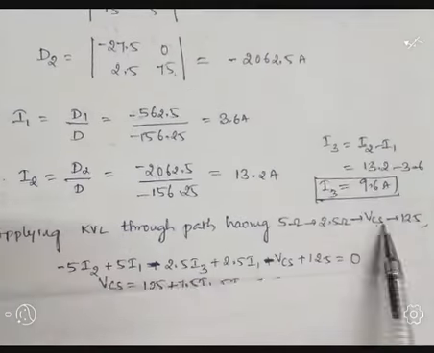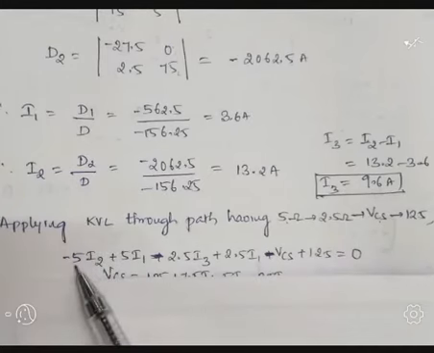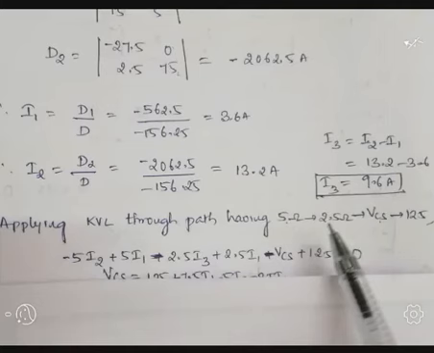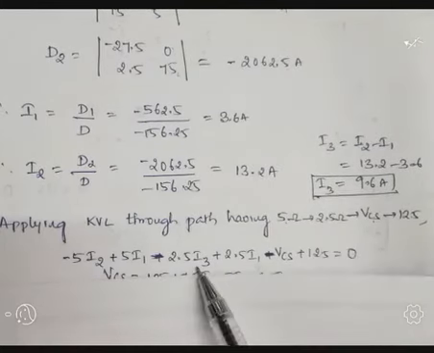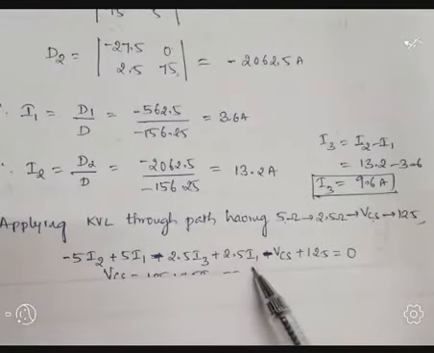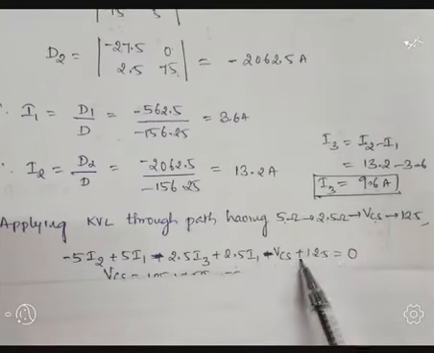So what is the answer? Through the 5 ohm, two currents are flowing: minus 5 I2 plus 5 I1, and through the 2.5 ohm branch, once again two currents are flowing: minus 2.5 I3 plus 2.5 I1. Polarity minus is there, minus VCS plus 125 equal to 0.